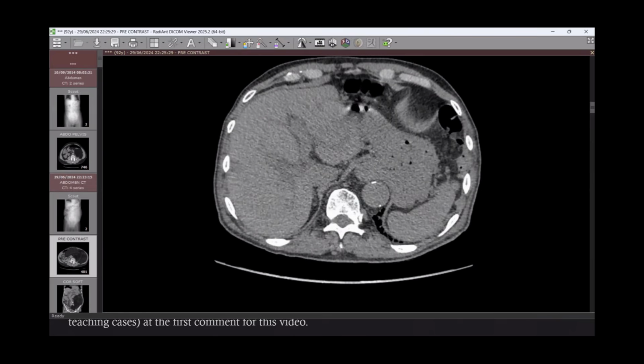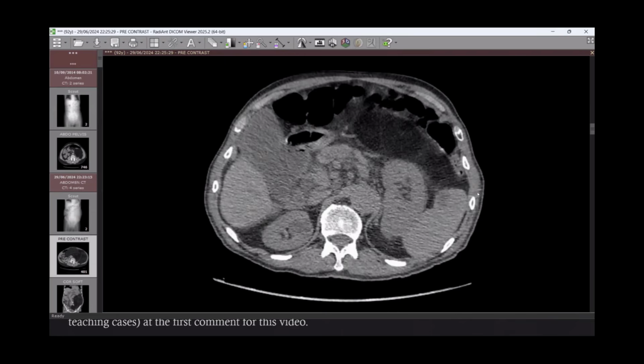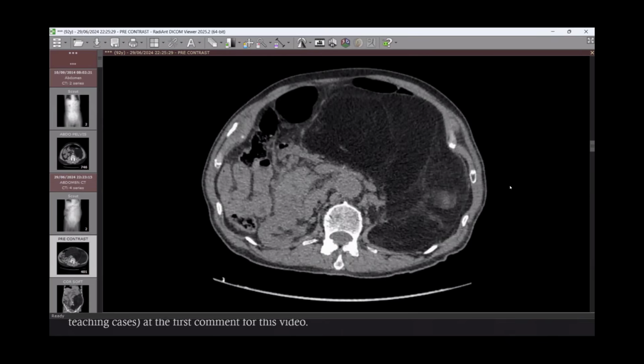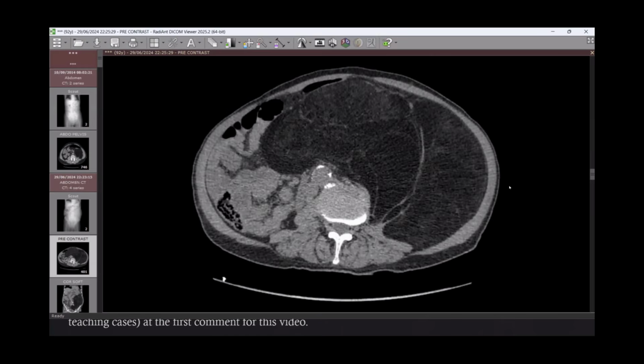This soft tissue density appears to be low density, which suggests lipid content or fat content. Okay. I will scroll it for you. So this is a mass in the left side of the abdomen, as you said.